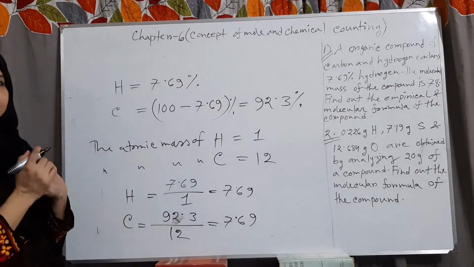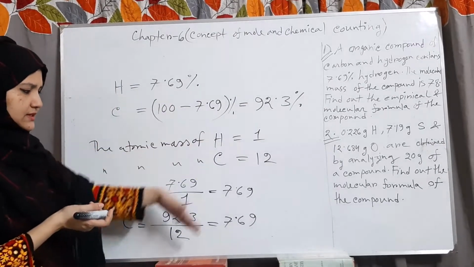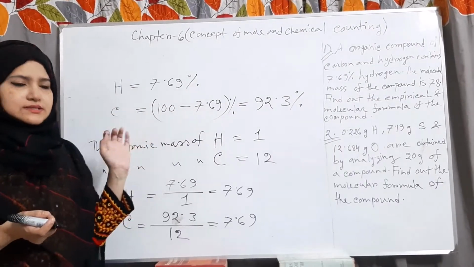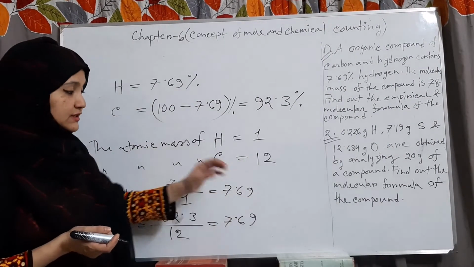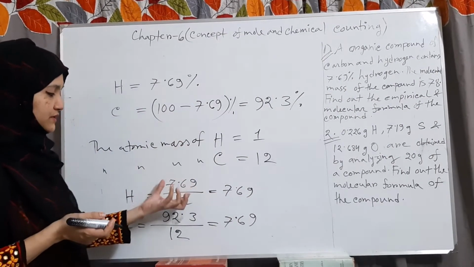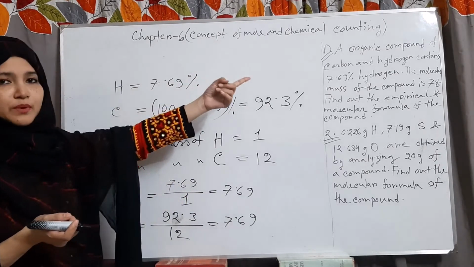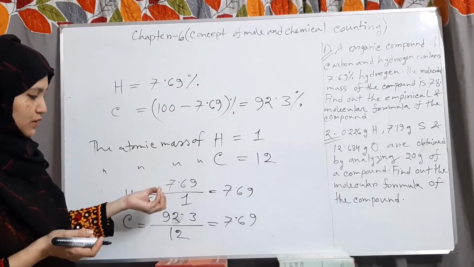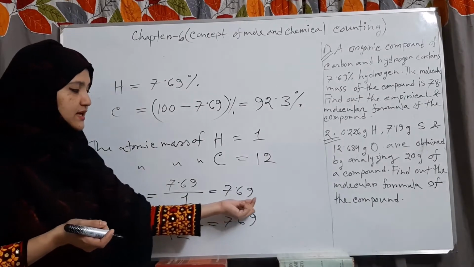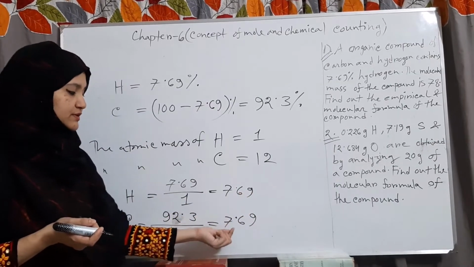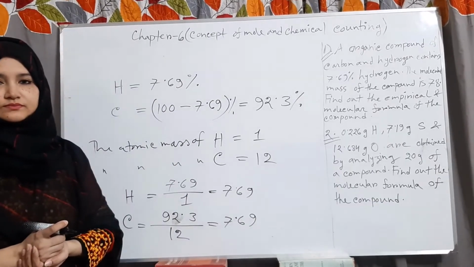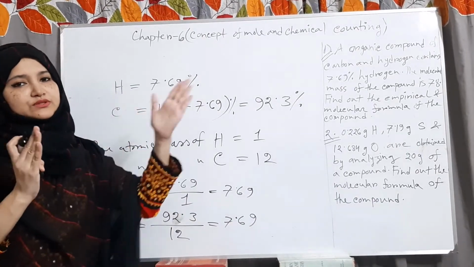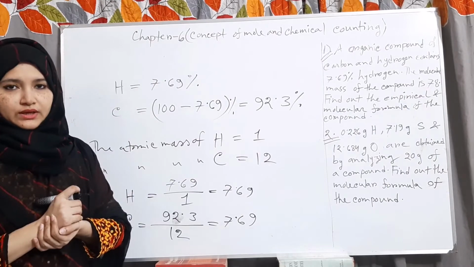That means this step shows us that in 100 gram of this compound, 7.69 carbon atoms and 7.69 hydrogen atoms are present.